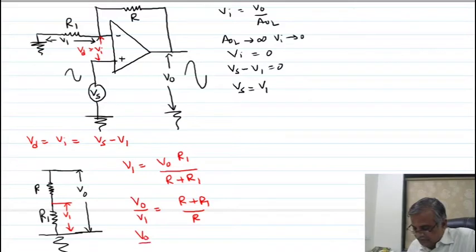VO by V1 is nothing but VO by Vs, because V1 and Vs are the same. So I can write 1 plus R by R1.